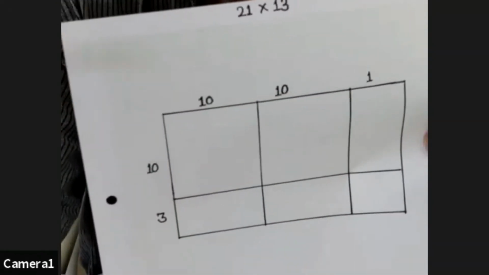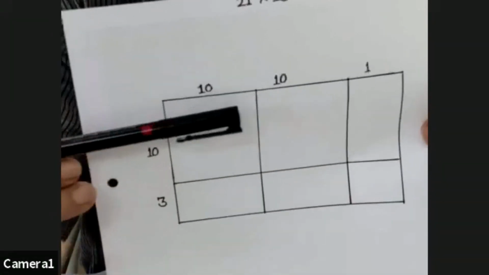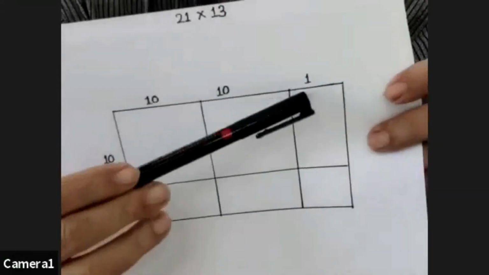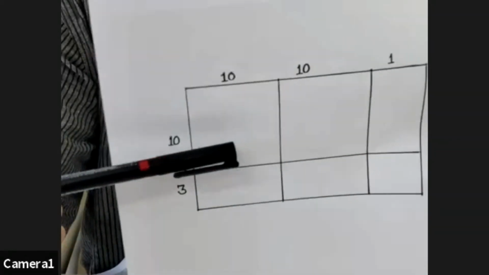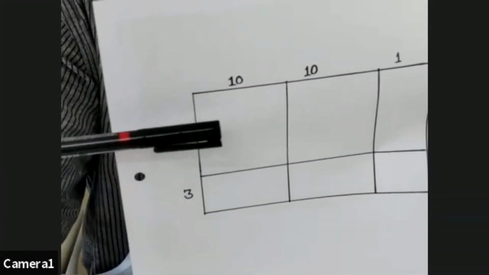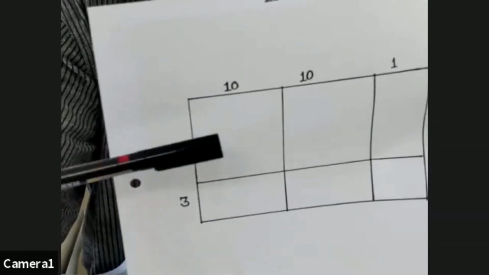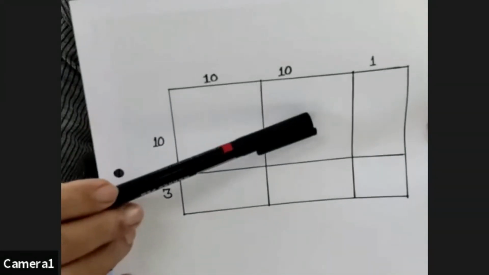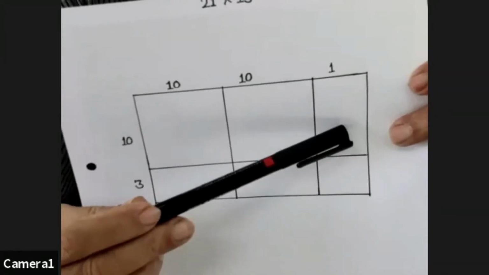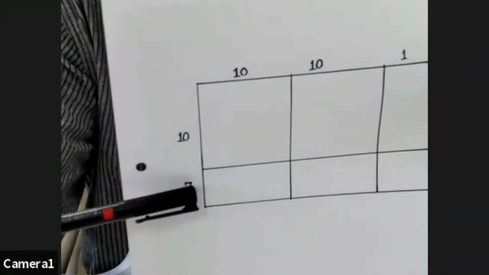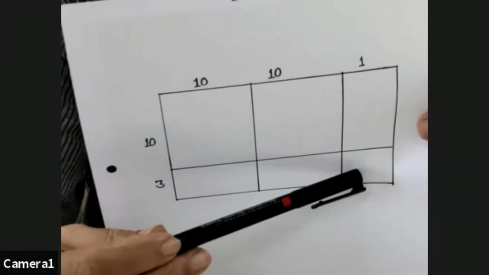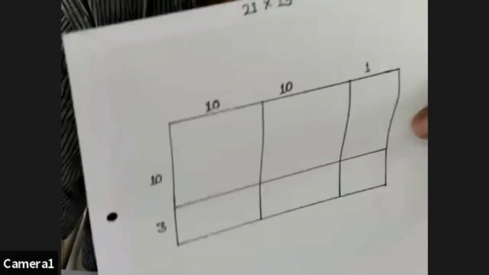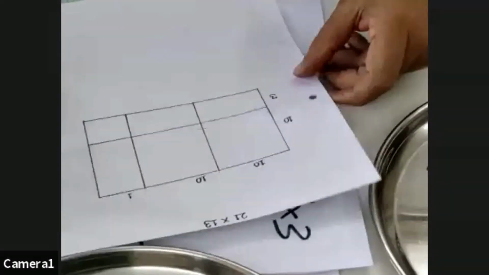So let's forget about the actual lengths. So this is 10 plus 10 plus 1 into 10 plus 3. So this first one should be a square. It's not a square, it looks like a rectangle, but never mind. This is 10 into 10, 100, plus 100, plus 1 into 10, 10, plus 3 into 10, 30, plus 3 into 10, 30, plus 1 into 3, which is 3. So I'll write down the numbers inside there. You can write the numbers in your graph.